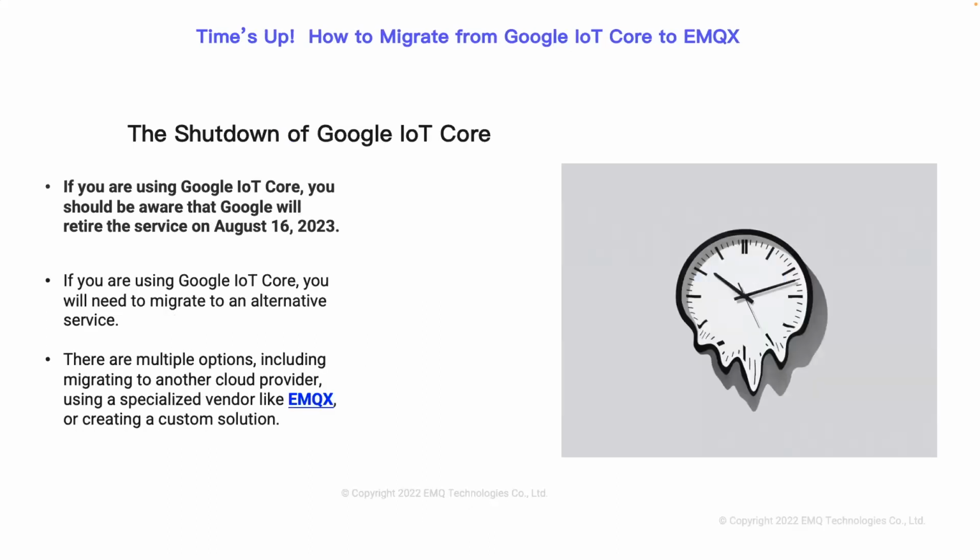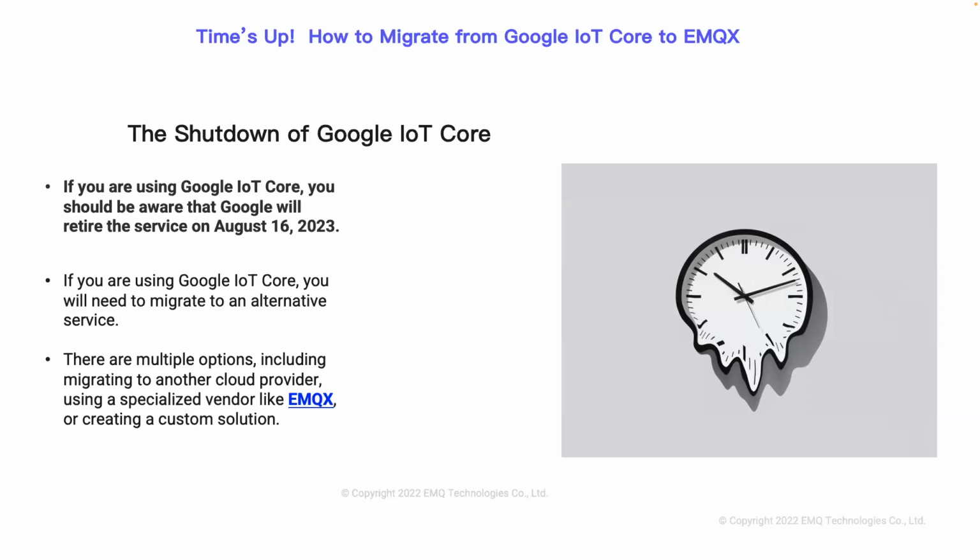Again, time's up. Google has decided to end-of-life the Google IoT service on August 16th, which is coming up very quickly. What does this mean? It's not just that support is ending. It's not that the software or service will continue to exist without updates.